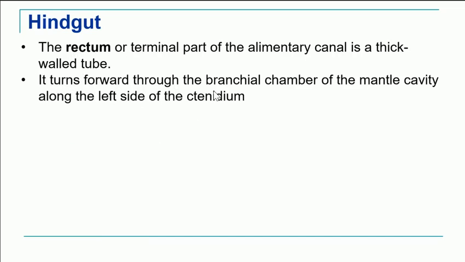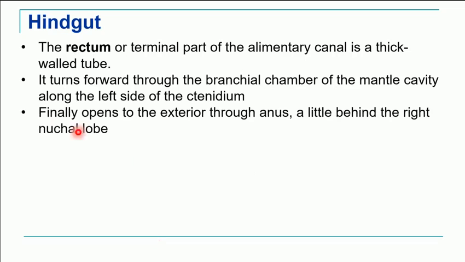It runs forward through the first branchial chamber of the mantle cavity, then it goes alongside the ctenidium, which is also known as the gill, and then finally it opens through the anus just a little behind the right nostril lobe.